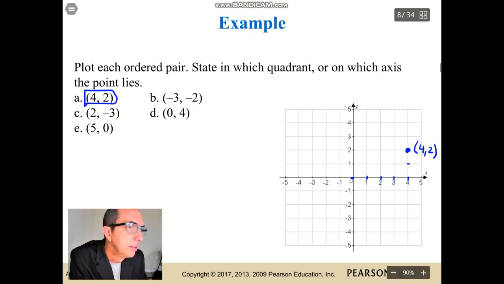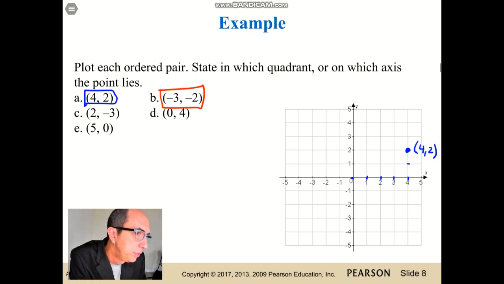Next one, -3 and -2. From the origin we move -3, which is 3 to the left, 1, 2, 3, and -2 is 2 down. So this is the point associated with the ordered pair -3 and -2.